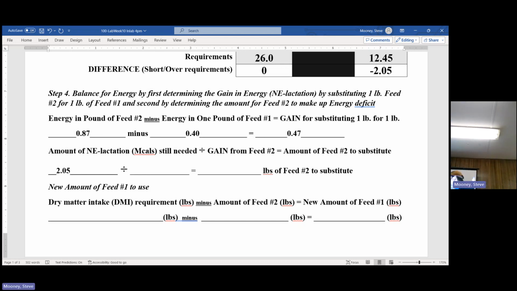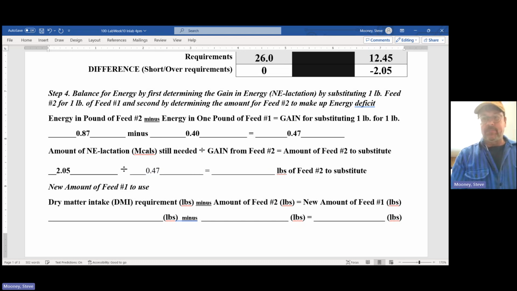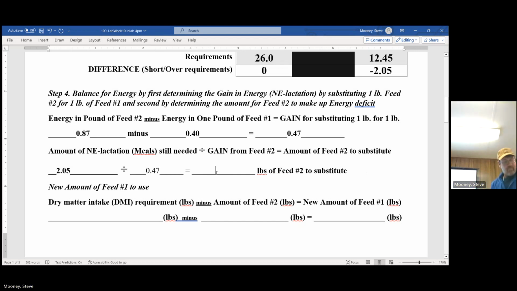Bring down this number from the previous, 0.47. So that gives us what? I got 4.4. Is it rounded to 4.4? Yeah. So again, just doing 1 decimal there. If you want to carry out the decimal places, you're more than welcome. That's going to make your numbers sharper as you go through.